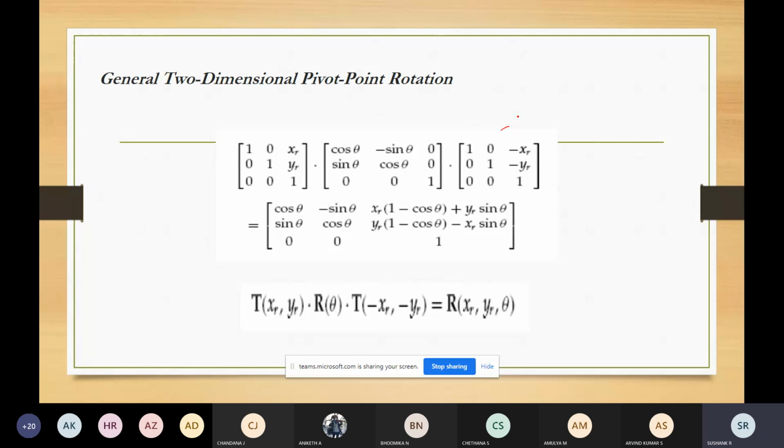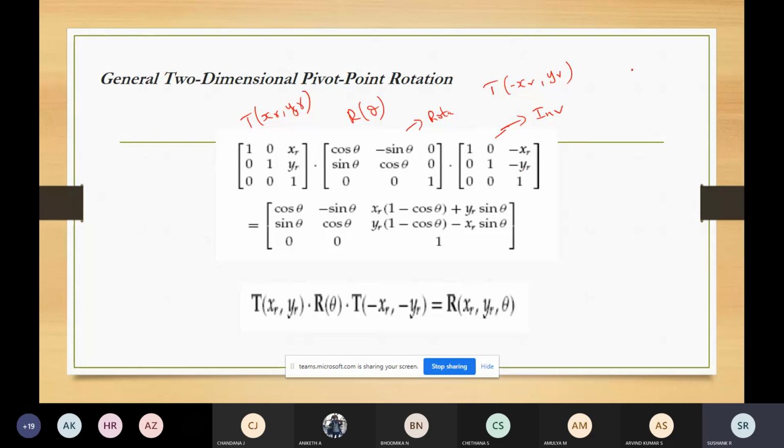This corresponds to inverse translation, this corresponds to rotation. So this is T of minus xr comma yr, this is rotation of theta, and this is T of xr comma yr. So first perform the inverse translation. The inverse translation is given by this factor.